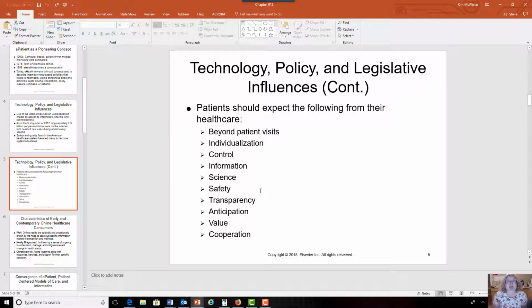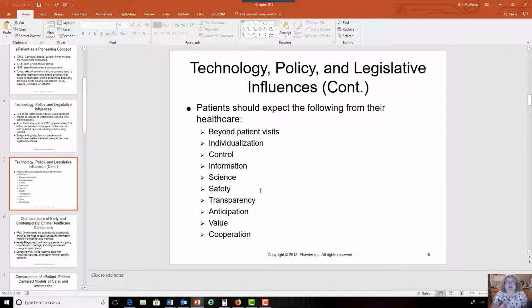We can make requests and say this is what we want, or we can refuse care, or we can ask for treatment, but we aren't the final say-so. That comes from, really it comes from the health insurance company as to what they're going to cover, and it comes from the providers who decide what kind of care that you're going to receive.